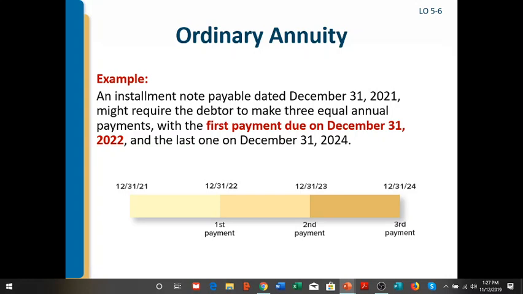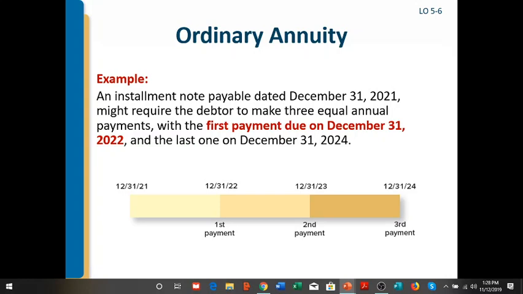It's payable usually at the end of each month. And so here we have an example of an installment note dated December 31, 2021, and these are annual payments. And the first payment's not due until a year later, December 31, 2022, and ending December 31, 2024.